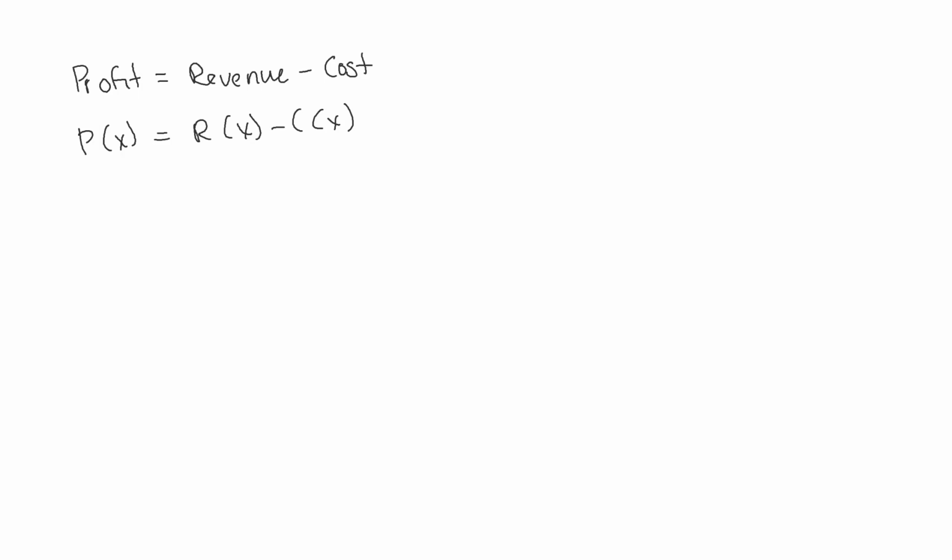So let's put in the actual functions here. So P of X we know is going to be revenue minus cost. So that's going to be 80X minus 300,000 plus 30X. That's revenue minus cost.